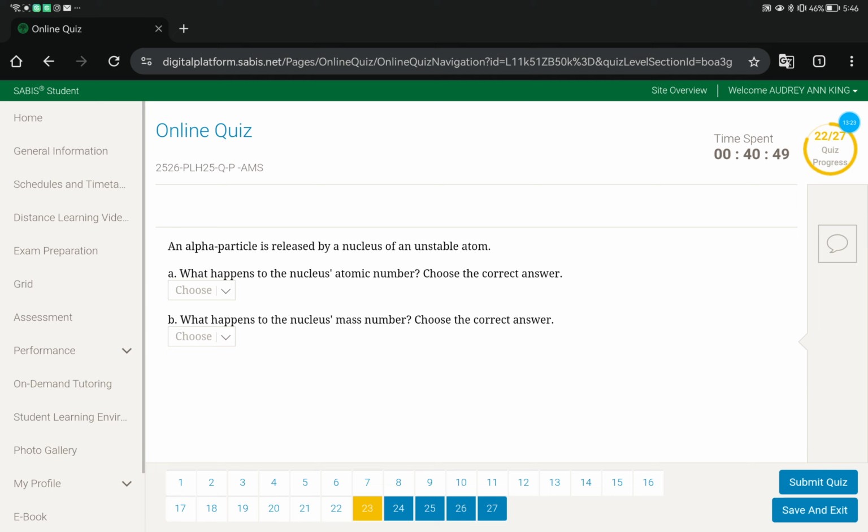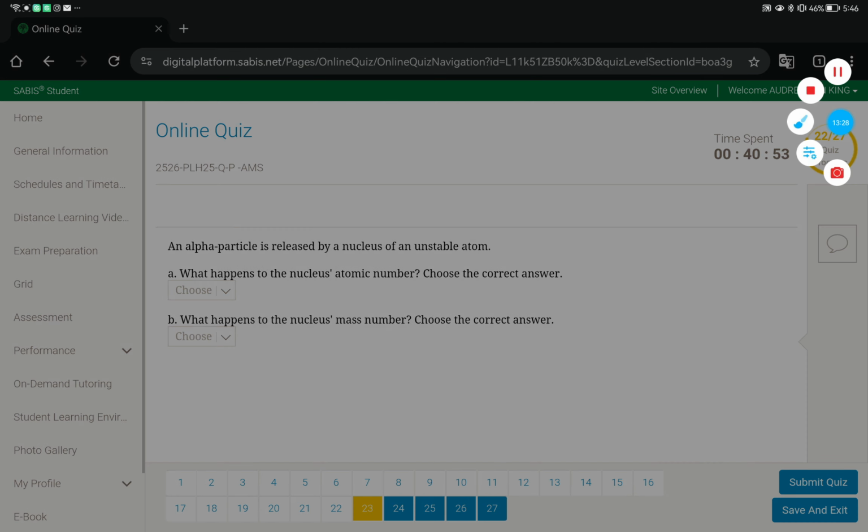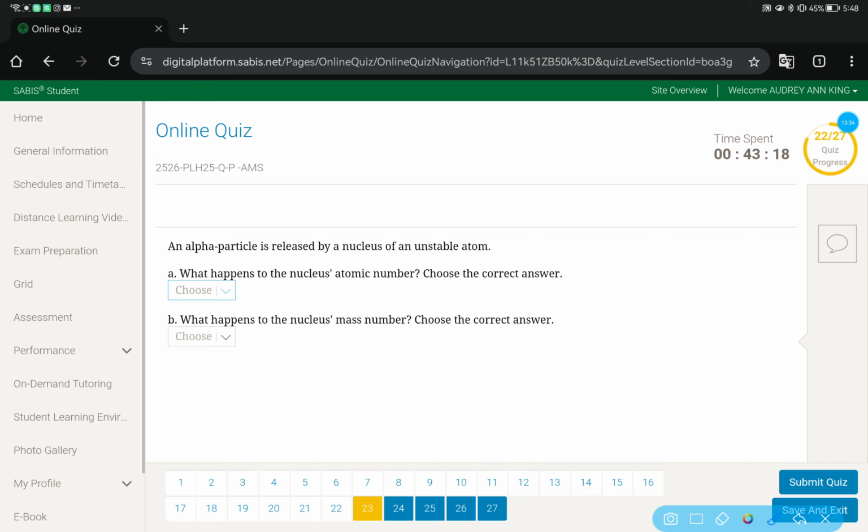An alpha particle is released by a nucleus of an unstable atom. What happens to the nucleus atomic number? Choose the correct answer. Okay, so let's imagine you have a nucleus of a particle. Let's call it X. And let's pick some random numbers, for example, 8 and 4.